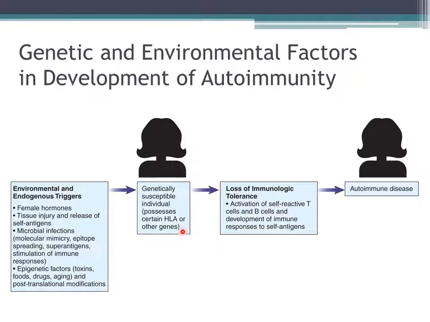We actually started with the fact that the individual himself, because of his genetic makeup, may be from the get-go more prone to developing autoimmune disorder. And then lastly, of course, what plays into this is this loss of tolerance, that somehow we get this activation of self-reactive T and B cells, and so an autoimmune response to self-antigens.